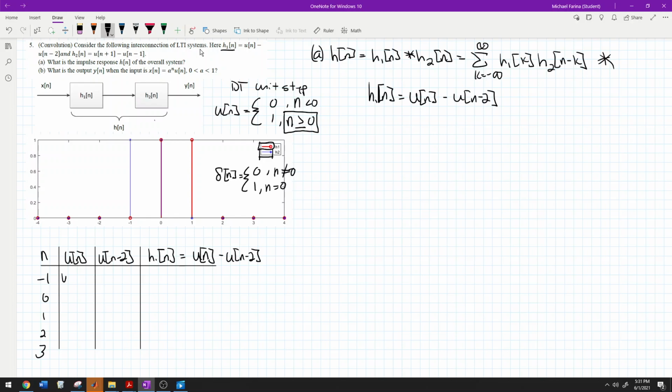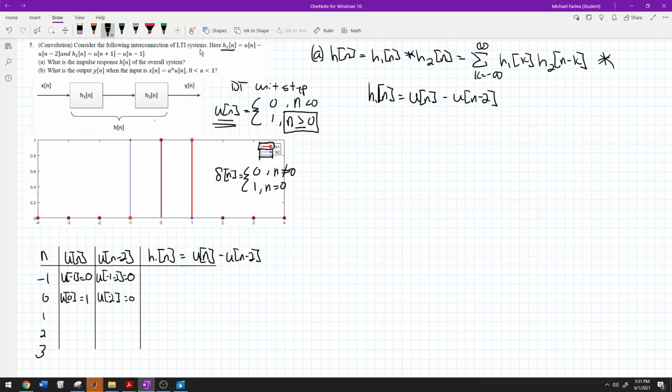So right here we get u of -1, and we look up our definition up here, and we see that's 0. And u of -1 minus 2 is u of -3, so that's equal to 0. And now here we get u of 0, and that's equal to 1. And then we'll get u of -2, and that's equal to 0.